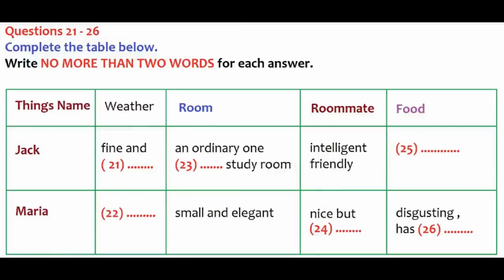Now turn to part 3. Part 3. You will hear a discussion between students Maria and Jack. In the first part of the discussion, they're talking about their opinions about some of the things in their universities. First, you have some time to look at questions 21 to 26.